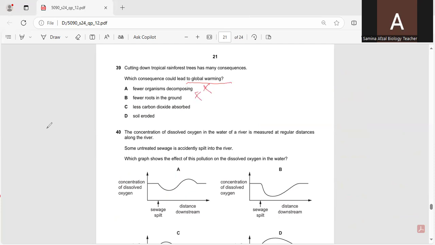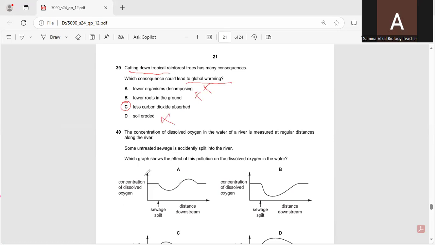Less carbon dioxide absorbed. Less carbon dioxide will be absorbed due to the cutting down of the trees, because the only way of absorption of carbon dioxide is the plants. If the plants are less, more carbon dioxide will be in the air, which will cause global warming. So only C is the correct option and all other options are not correct.